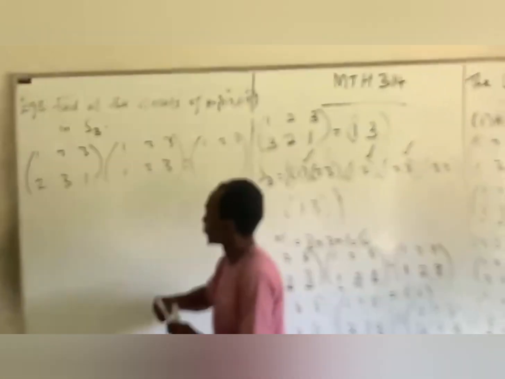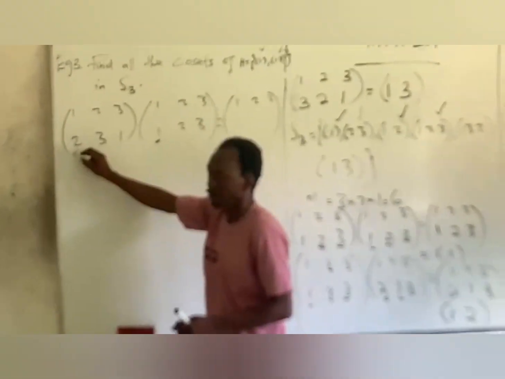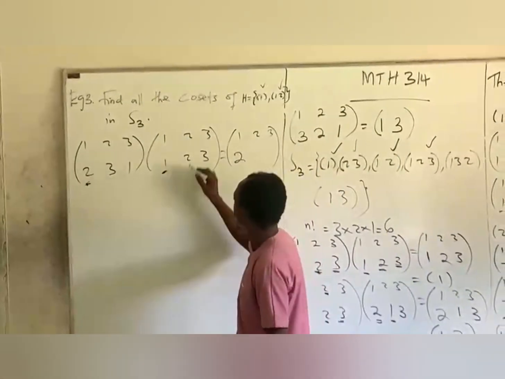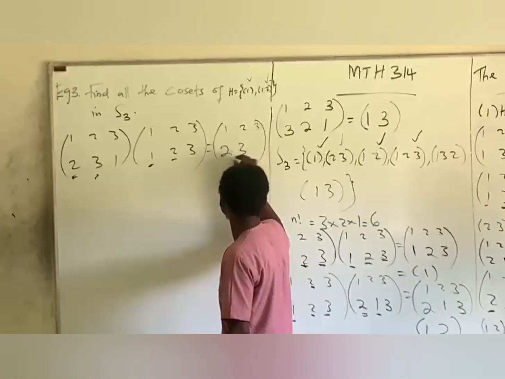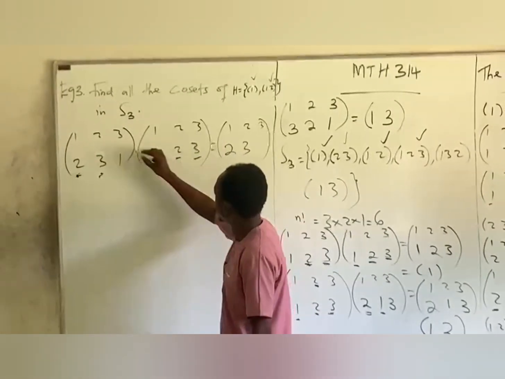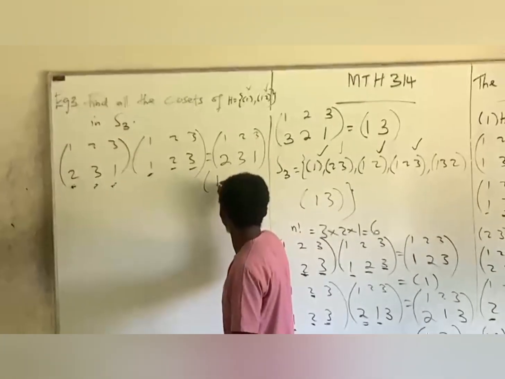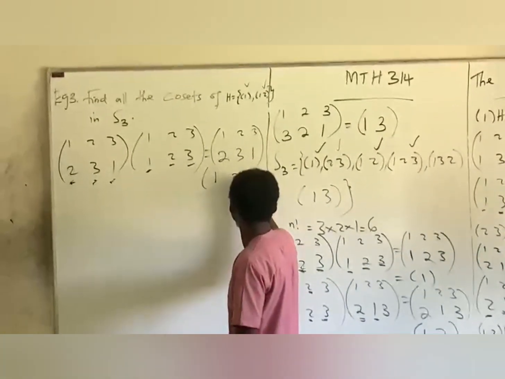1 goes to 1. Stop writing. 1 goes to 1. 2 goes to 2. 2 goes to 1. Right. 3 goes to 3. 3 goes to 1. So what do you get? 1 goes to 2, 2 goes to 3, 3 goes to 1.